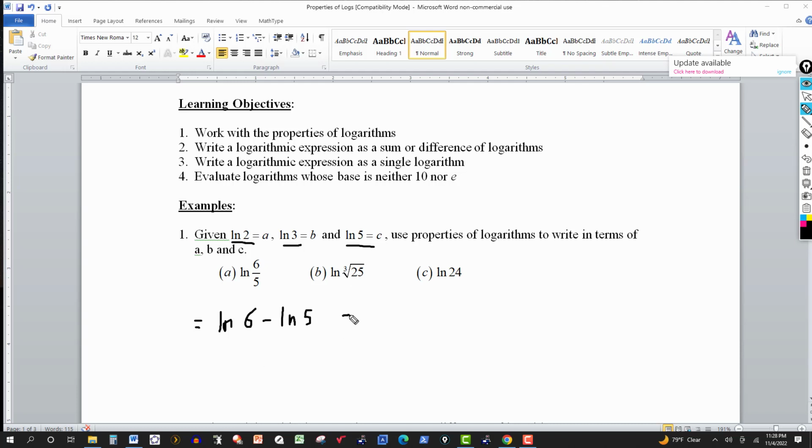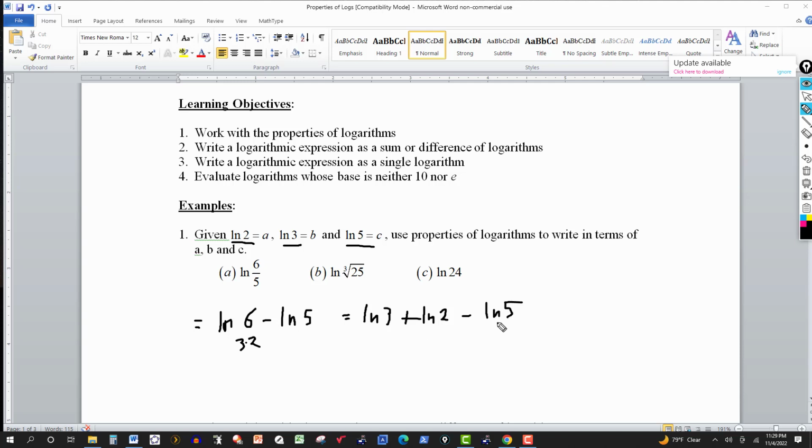But let's go further here and say 6 is the product of 3 and 2. So now when you have the log of a product, that becomes the sum of those logs. So it would be the log of 3 plus the log of 2, minus the log of 5.